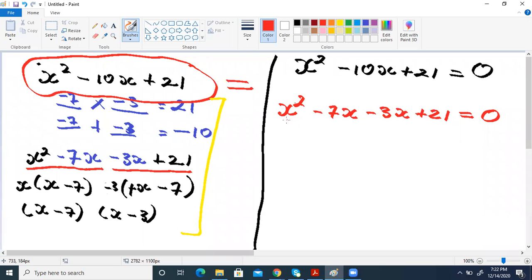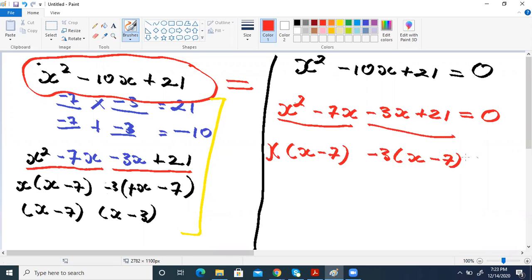And you would factorize as usual. You factorize this pair first, and then this pair, and you would get what you got last time, x minus 7 minus 3 times x minus 7, and that is equal to 0.